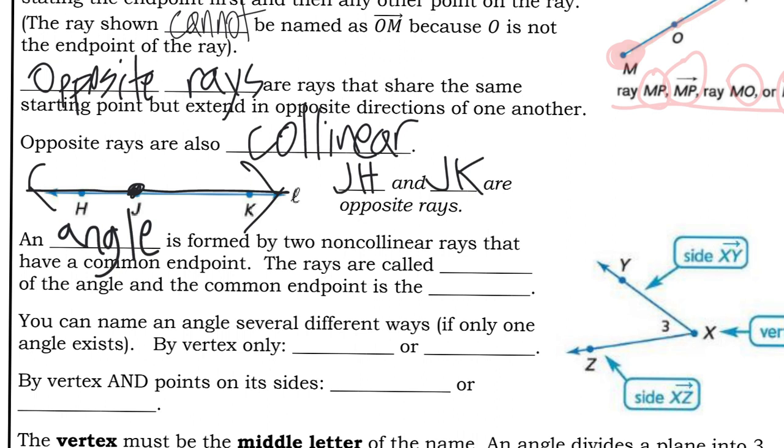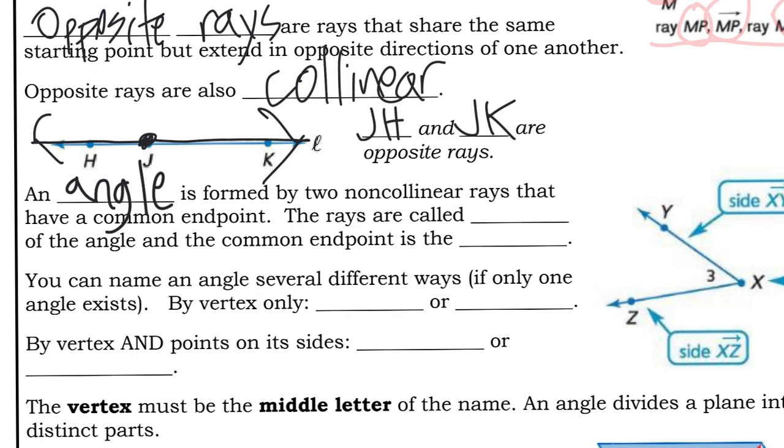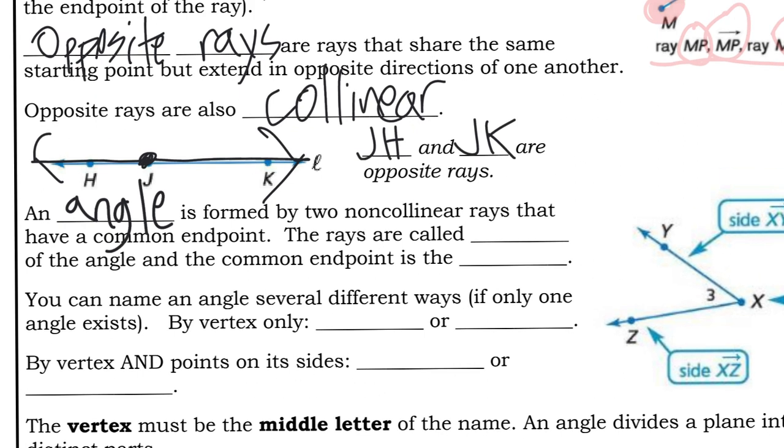They just share the point X. They don't share a common line. Remember, a line needs at least 2 points. So if they only have 1 point in common, then they're just sharing a common endpoint. The rays here, XY and XZ, can be called the sides of your angle. And then the base of your angle, that point X, is called your vertex.